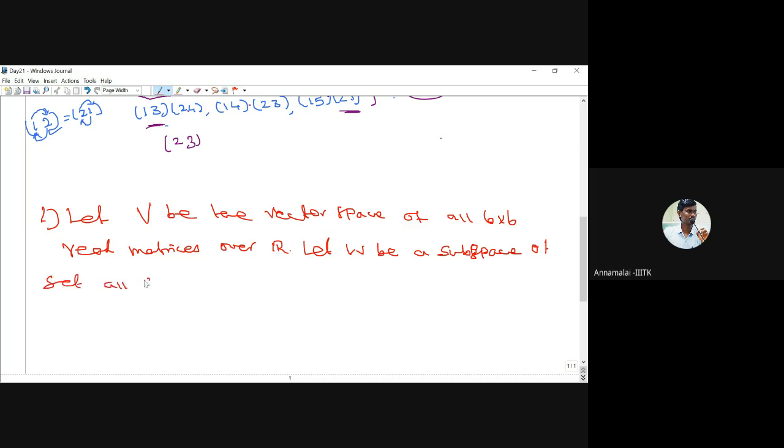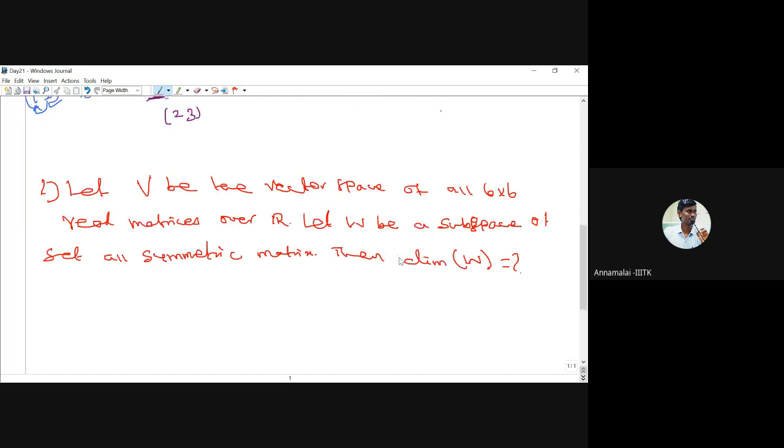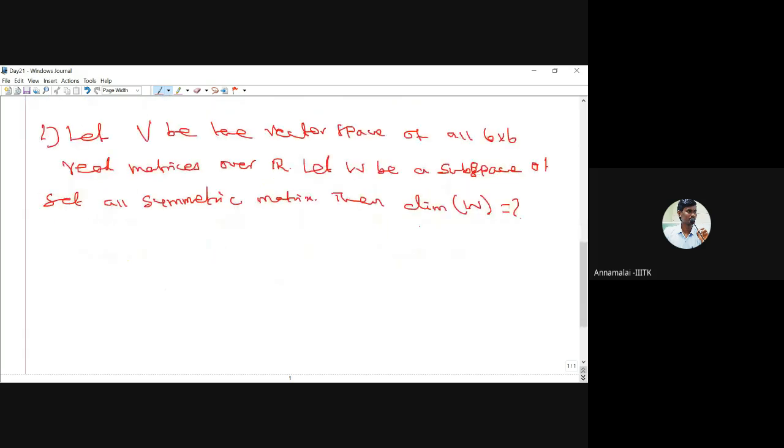Then the question is, what is the dimension of W, not V? The dimension of V is nothing but 6 square. The dimension of the set of all n by n matrices is n square. But we have to find the dimension of the subspace. Okay, now it is clear.